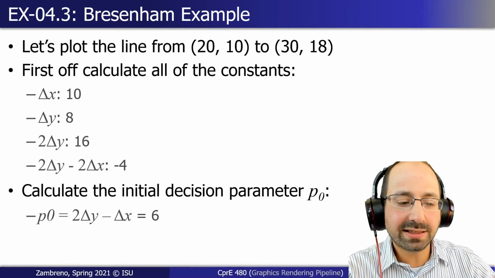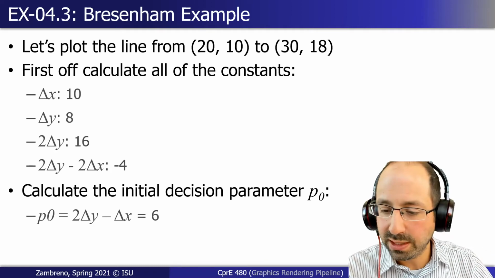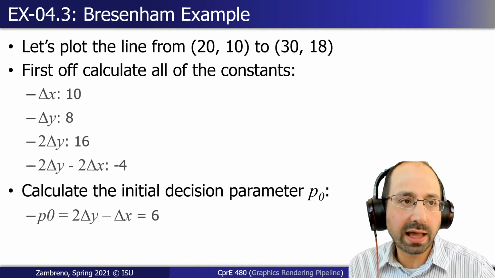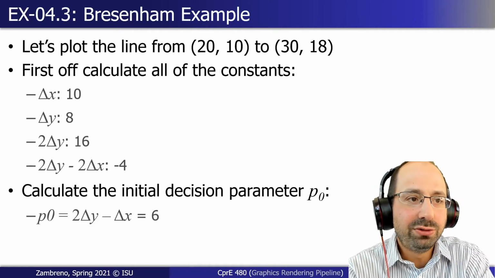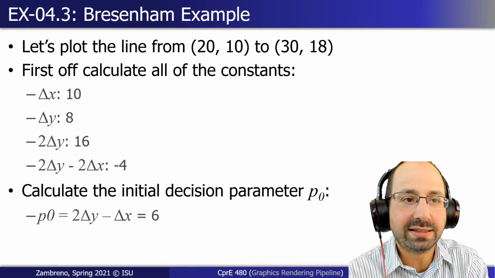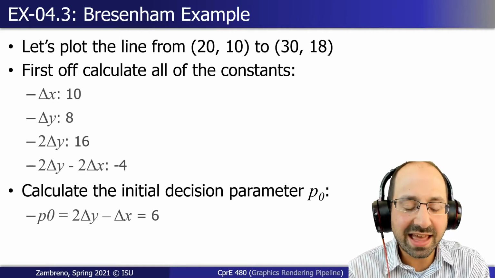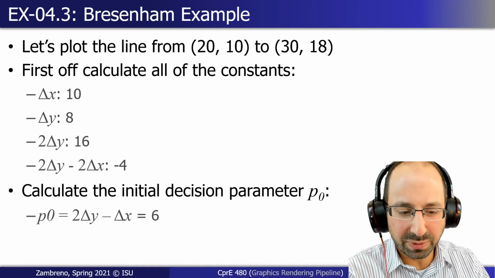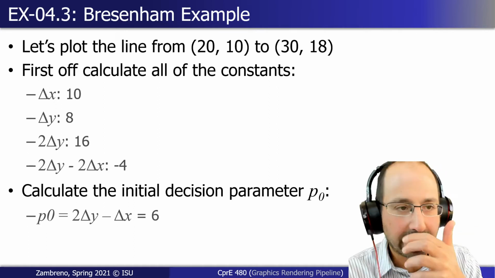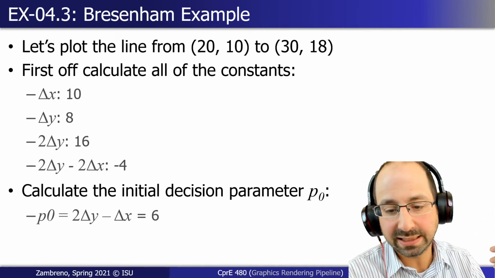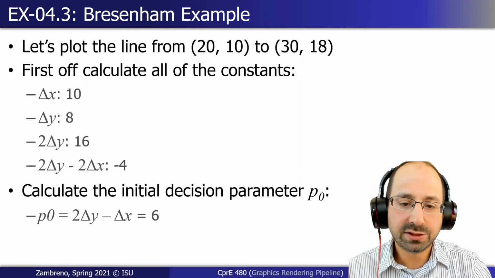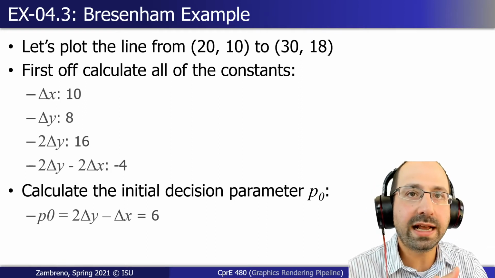So given that line with those 2 points, we can calculate delta x, delta y, as well as 2 delta x and 2 delta y minus 2 delta x to get those values here. And I didn't show the derivation of it, but you could plug it back into that equation 3 slides back to get p sub 0, you can get 6. So we can start at the location of 20, 10.